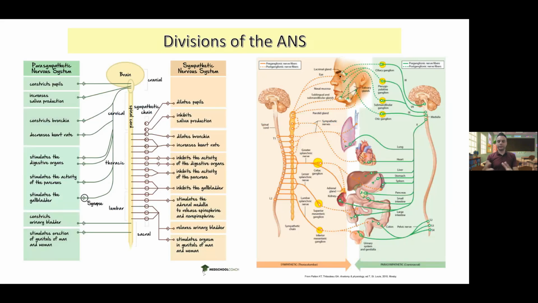So real quick, the parasympathetic nervous system is also known as the craniosacral division because the roots of these nerves come from the brain, the brain stem, and then the sacral division of the spine. And what exactly happens during parasympathetic dominance?